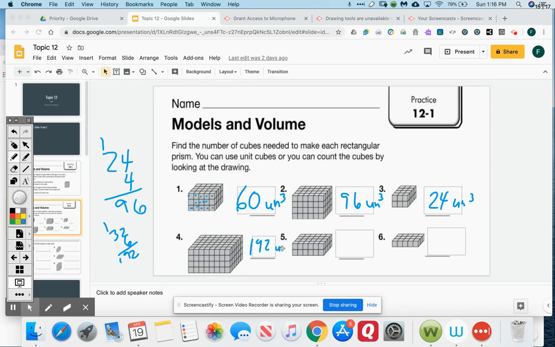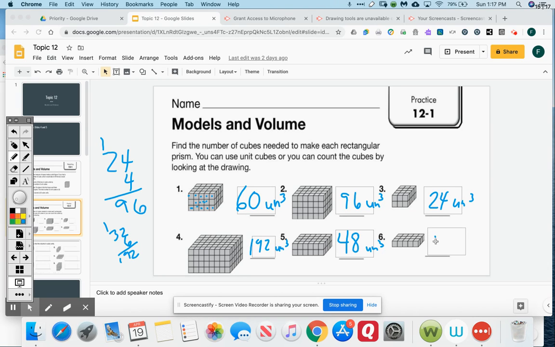192 units cubed. And then we've got 2, 4, 6, 8, 10, 12. 12 times 1, 2, 3, 4. 12 times 4. We know that is 48. Lost my spot. 48 units cubed. And finally, 1, 2, 3, 4, 5. 5 times 3.